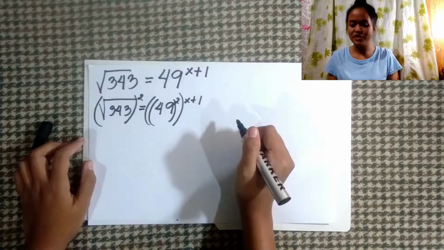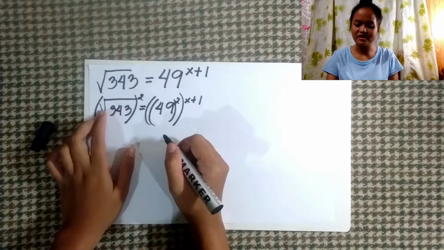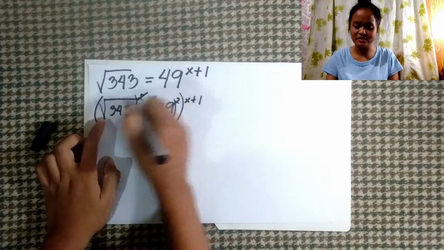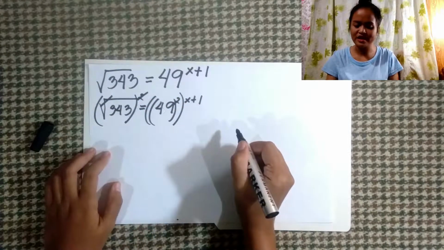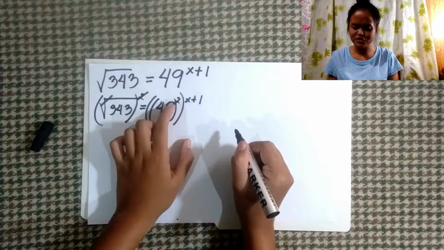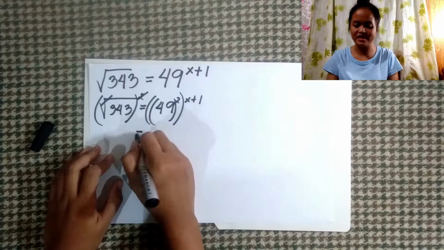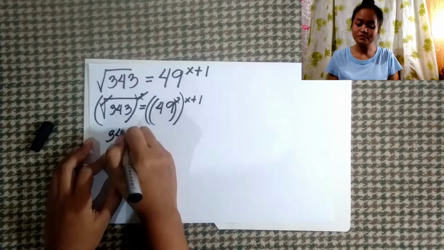Since the square root of 343 is now squared, the radical here would be cancelled, and 49 here would be squared. There's no need to cancel things from 49 since there is no radical from that term.